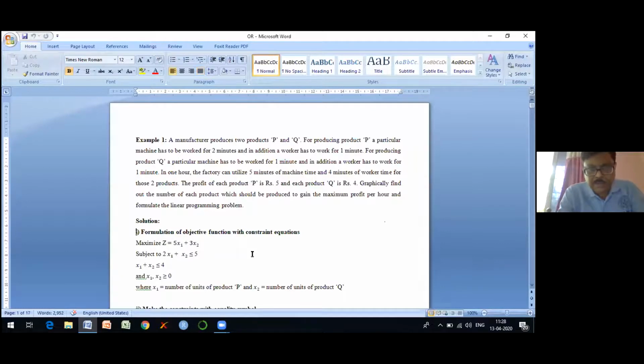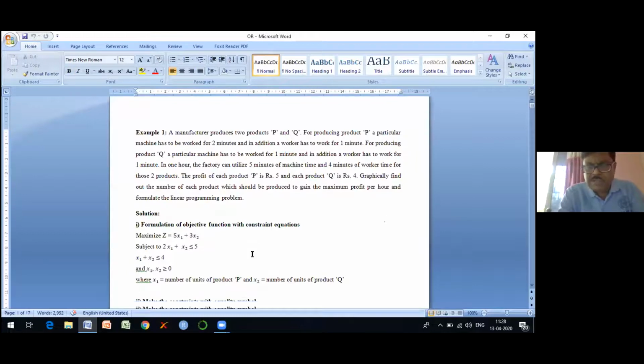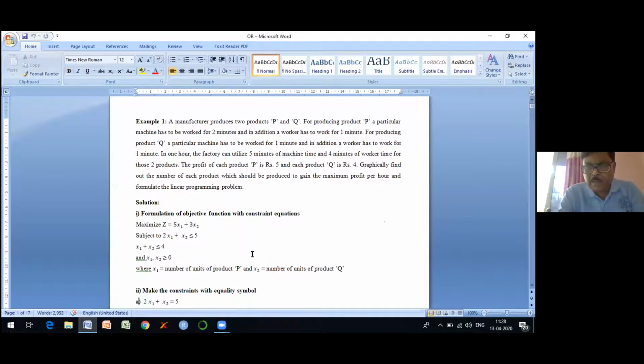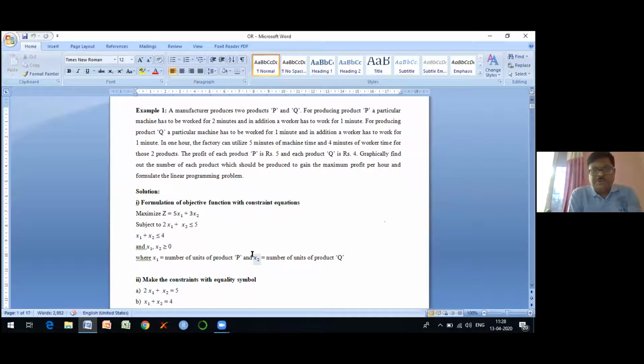Now we are coming to the solution part of this linear programming problem. So for the solution part, at first, we should consider the constraints. The first constraint is 2x1 plus x2 less than or equal to 5. This is now in inequality form.